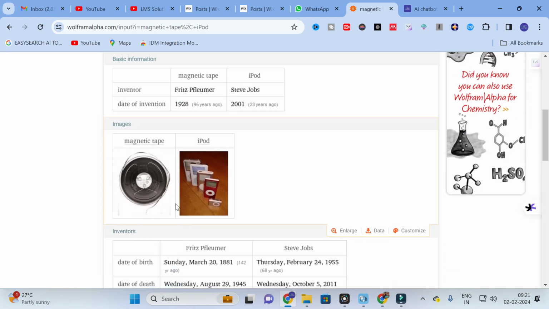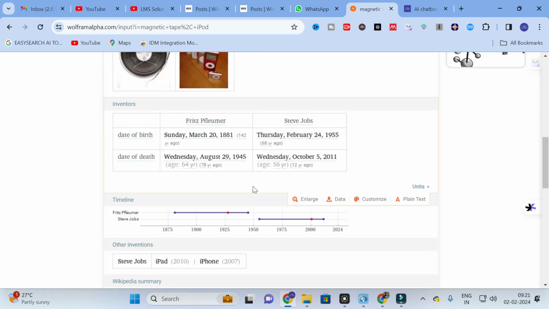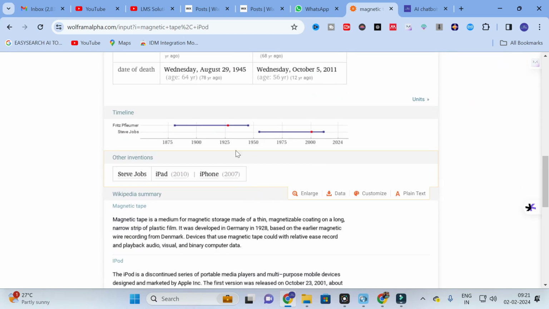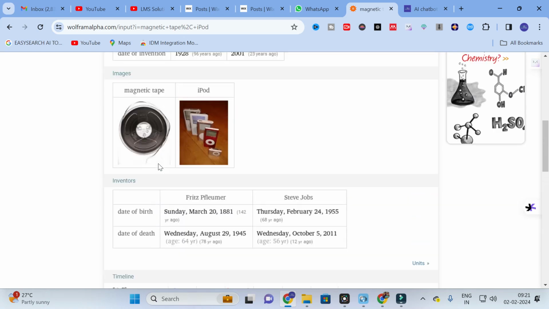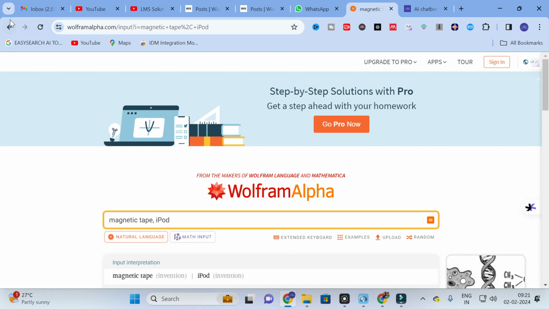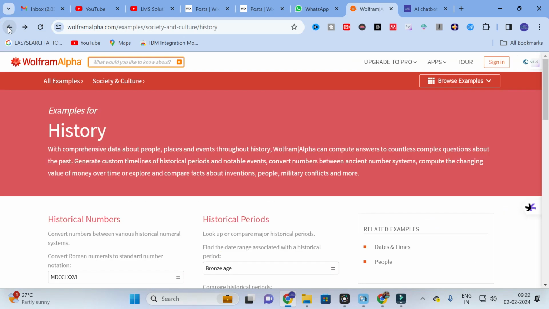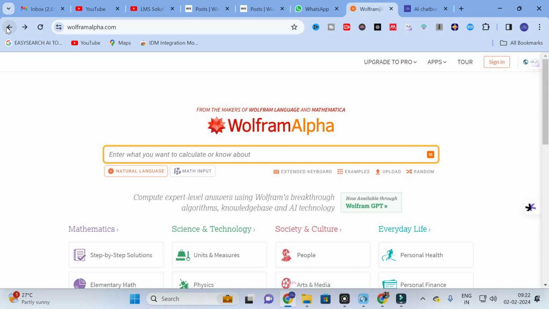So here you can see the comparison. This is a magnetic tape, it is an iPod. So here you can see this is the comparison between the both two scientists. You can customize whatever you want and you can analyze the data. So like that, AI will generate pinpointed, concise and precise data about the particular thing you asked for. So this is why this Wolframalpha will be needed especially for students and educators.